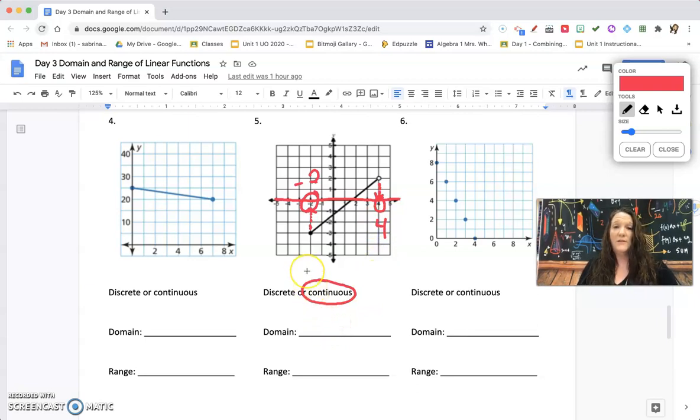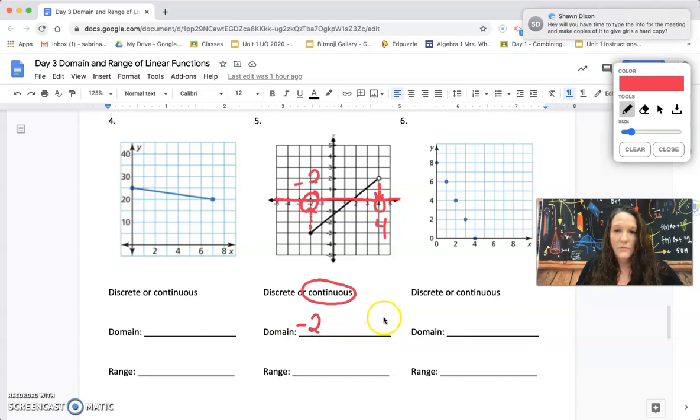So our domain is from -2 to +4. So we're going to write inequality notation. -2 all the way to +4, and domain is your x value, so that's going to go in the center.